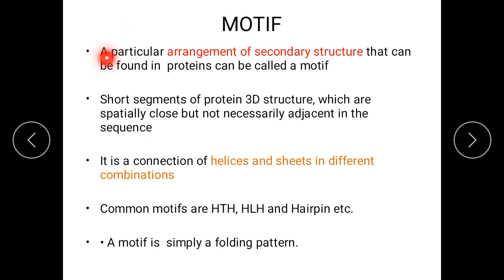Again, a particular arrangement of secondary structure that can be found in proteins is called a motif. It is a short segment of 3D structure, spatially close but not necessarily adjacent in the sequence. So a motif is a connection of helices and sheets in different combinations. The motif contains either helix-turn-helix, helix-loop-helix, or hairpin model.